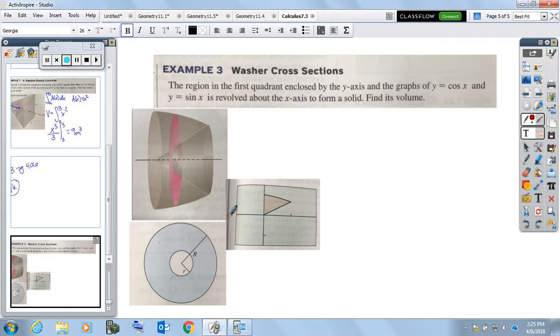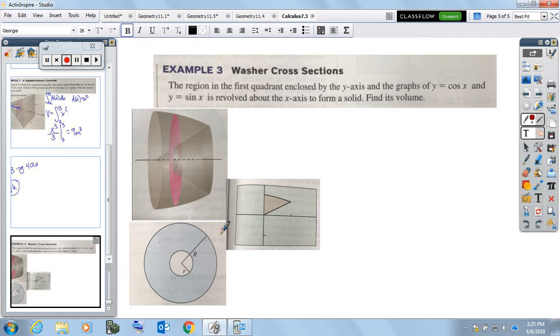It's a circular region with another circular region cut out from it. So remember, we want to find the area of that washer and take it all the way from point A to point B.